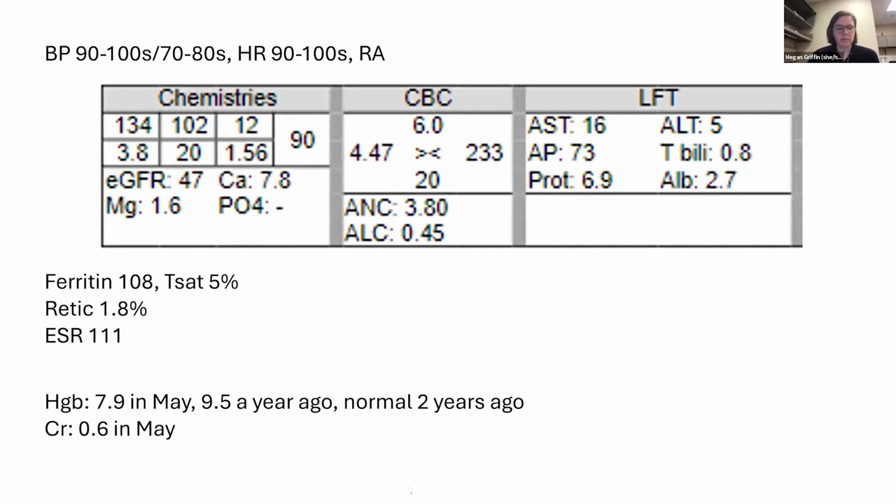Further workup from the ED showed a reticulocyte count of 1.8% and an ESR of 111. Interestingly, her hemoglobin had actually been low back in May when she last saw a doctor. It was 7.9, and it was 9.5 a year ago, and it was normal 2 years ago. And from her May visit to her doctor, we know that her creatinine baseline was 0.6.